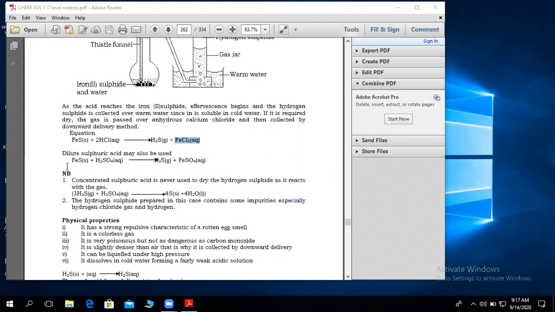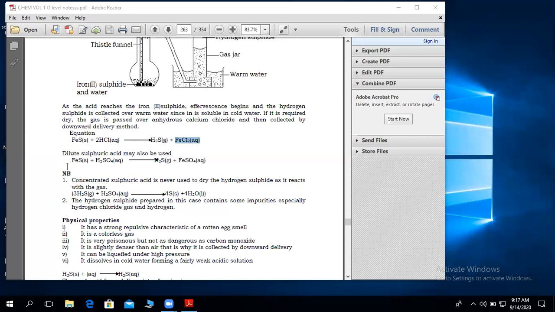So, like the other question I asked you for ammonia, why concentrated sulfuric acid is not used to dry ammonia? The answers are there in your notes. You are supposed to say, because ammonia reacts. No, I think we have not yet reached there. That is for some other class. But let's look at this.